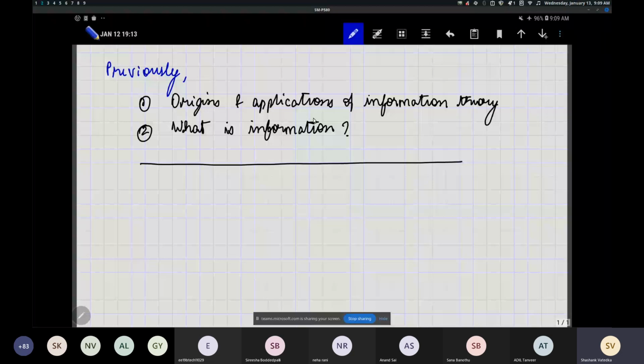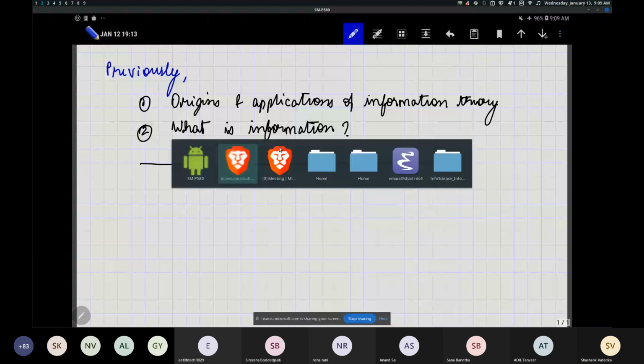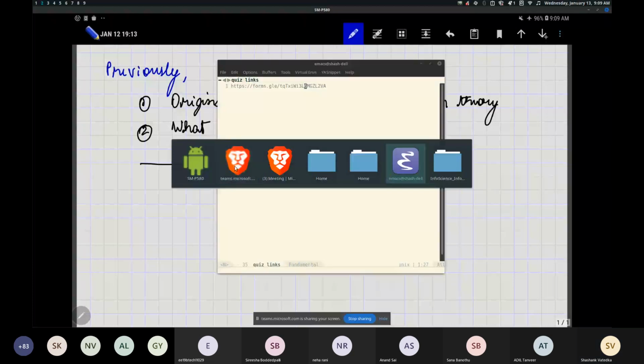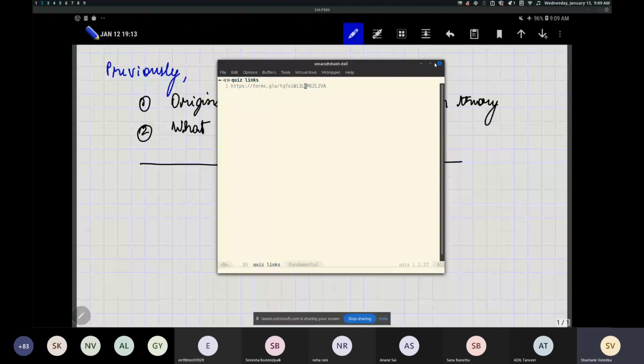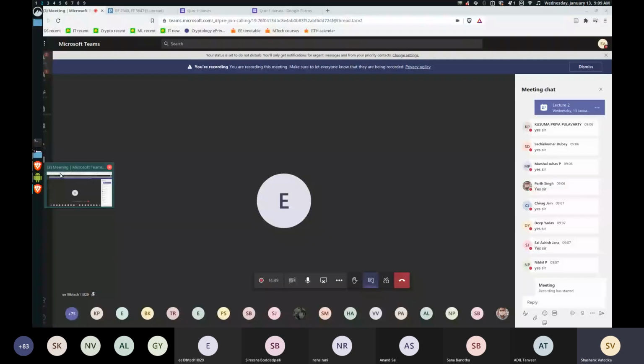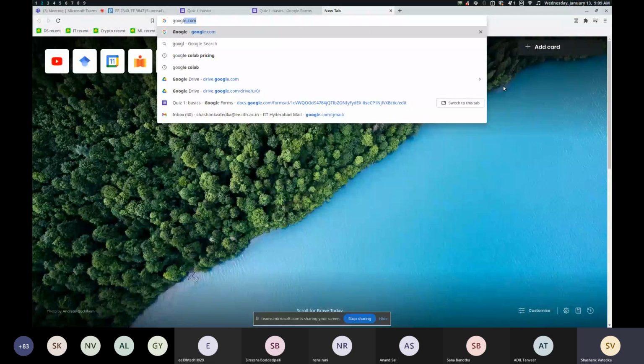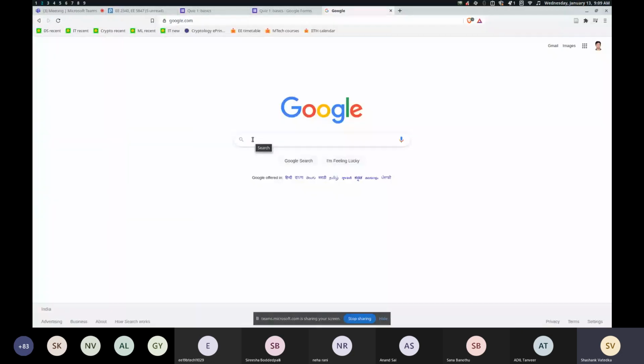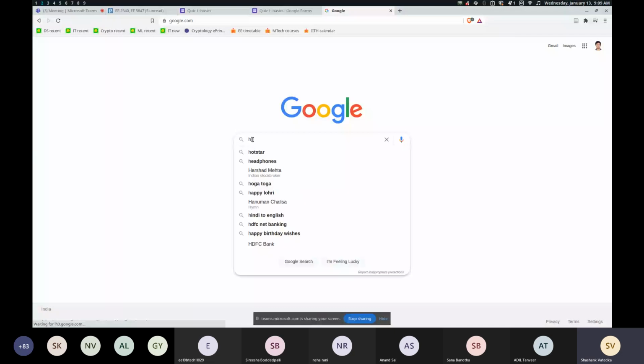So when you go on Google and click on the search box, you don't know what you're going to type, but once I start typing, there's a list of possible choices.